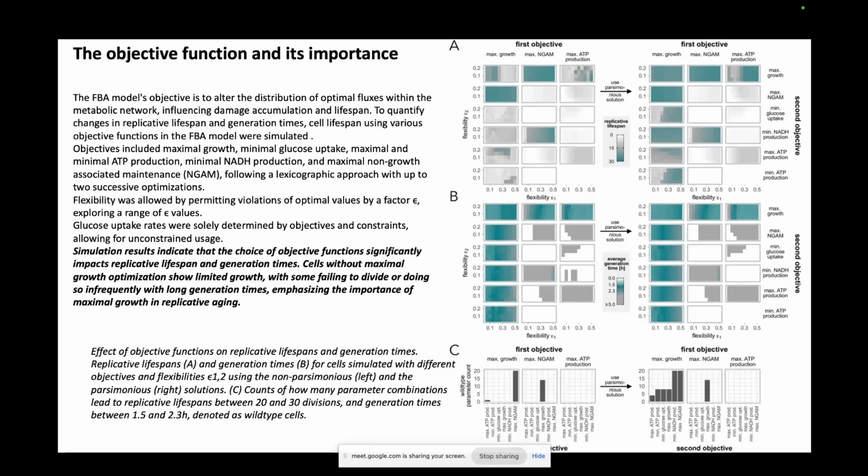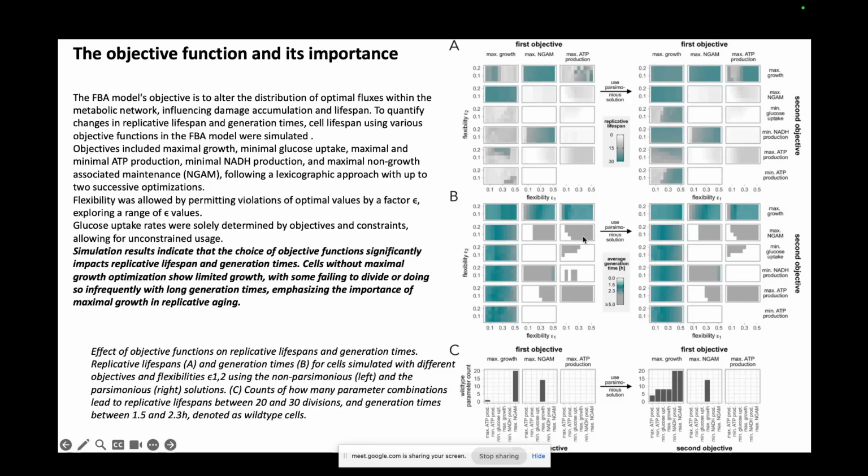The FBA model's objective is to alter the distribution of optimal fluxes within a metabolic network, influencing damage accumulation and lifespan. To quantify changes in replicative lifespan, generation time and cell lifespan, various objective functions in the FBA model were simulated. So this is one example that I'm talking about.